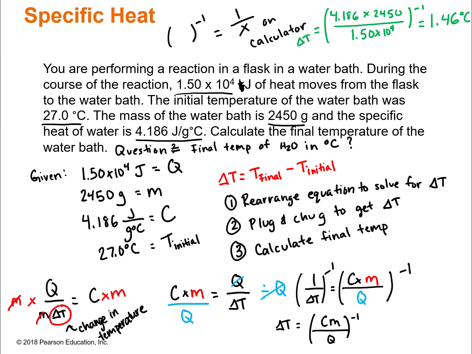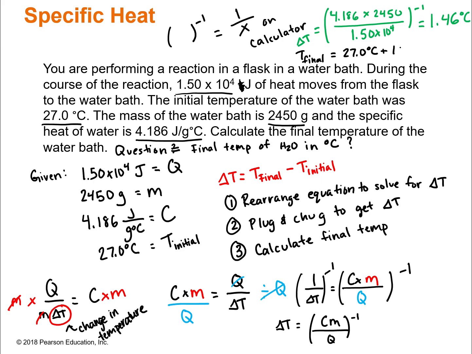That's the temperature change, not the final temperature. For the final temperature, we have to add this amount to our initial temperature. So we have 27 degrees Celsius as our initial.